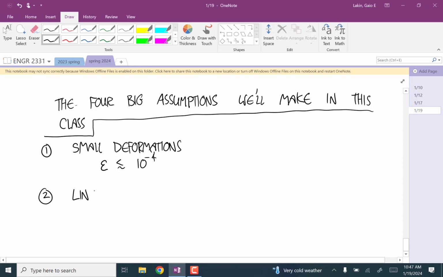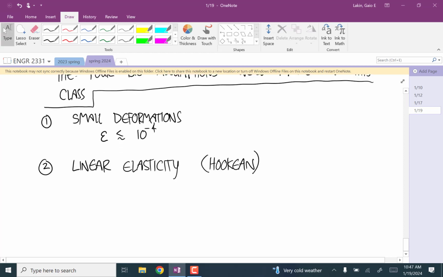Second, we're assuming linear elasticity. That's the same thing as saying we're assuming it's a Hookean material. And we just came up with that linear relationship: the Voigt strain is the compliance matrix times the Voigt stress.